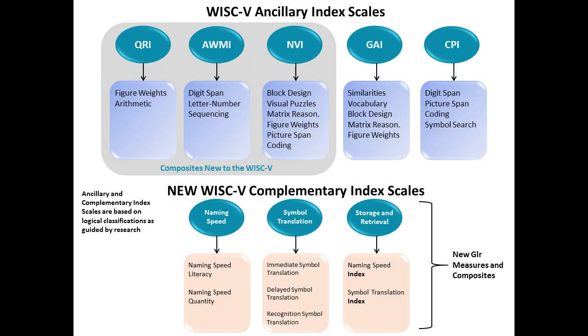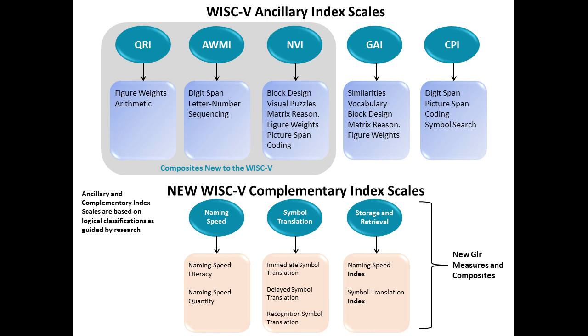There are also ancillary index scales and complementary index scales. The complementary index scales in particular, I think, are really critical for the assessment of individuals suspected of having a specific learning disability.